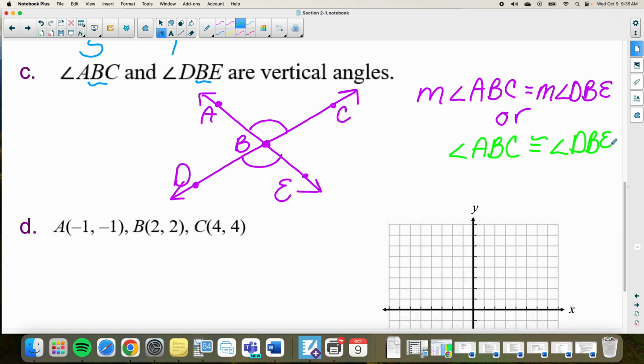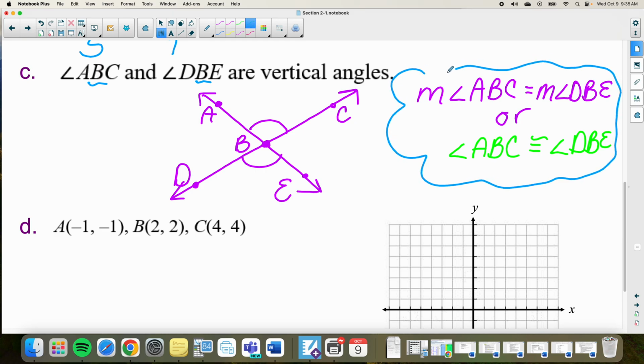So usually when it's congruent, you don't have the M's. I shouldn't say usually. When you use congruent, you don't use the M's. When you use the equal sign, you do use the little M's for measure. So here are two different ways we could write that.